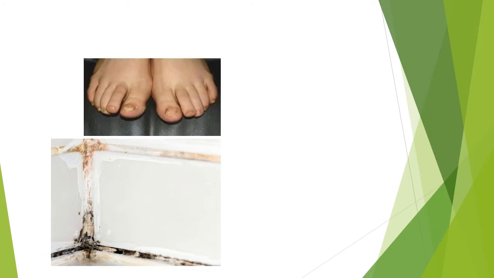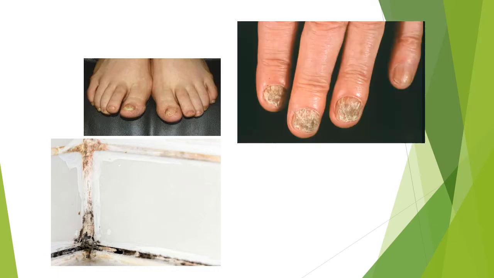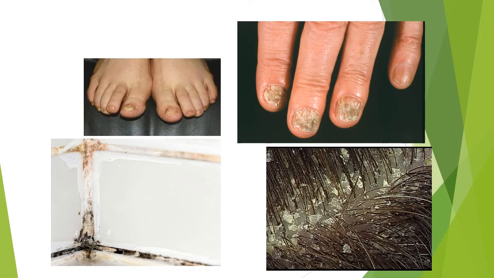We can find these common fungal growths in humid or wet places, like toilets at home. In humans, they can cause superficial infections of the toenails, the fingernails, and also the most common type of fungal infection, which is hair dandruff.